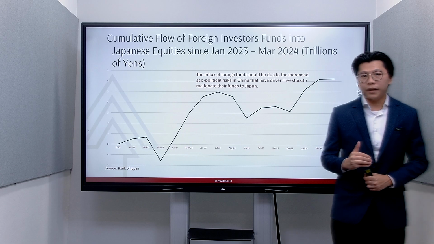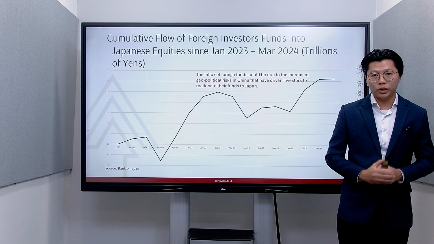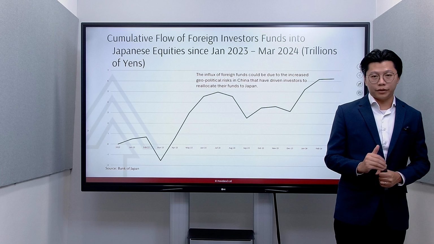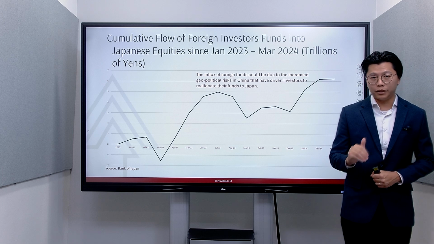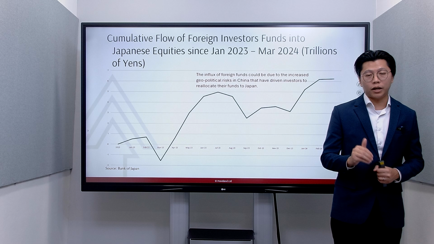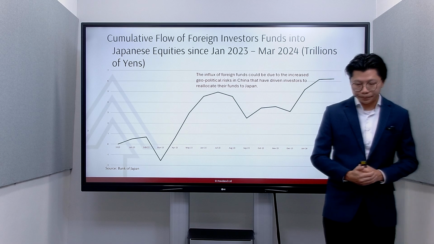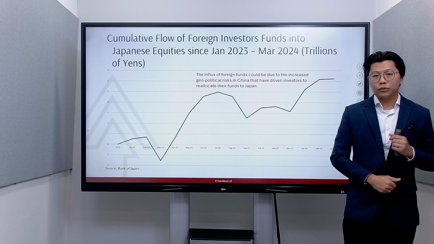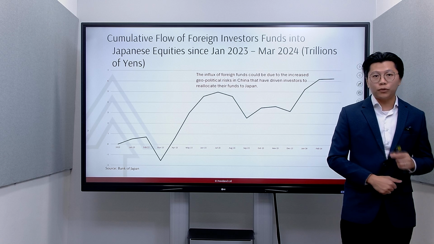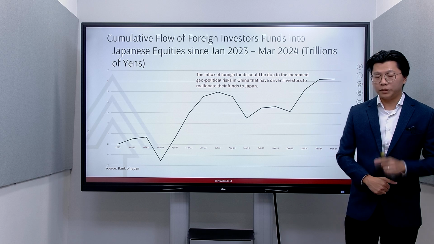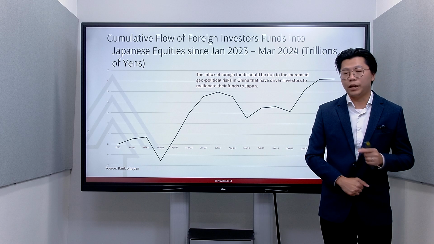Thirdly, Japan's government introduced measures to improve corporate governance and capital efficiency to enhance shareholder value, and consequently, the Tokyo Stock Exchange, as of January, requires listed companies to improve long-term returns, profitability, as well as companies' valuation.